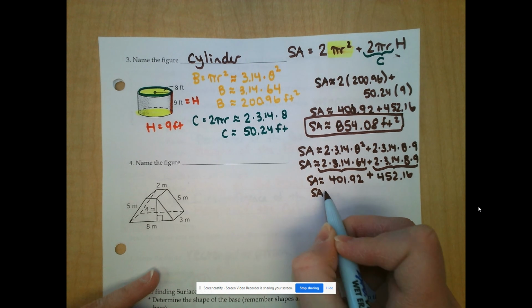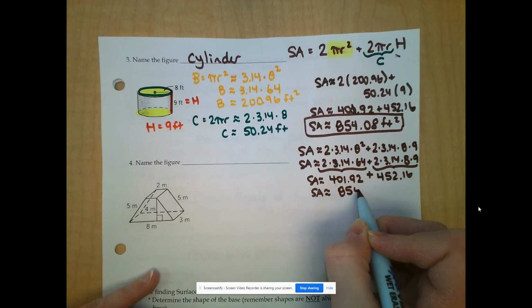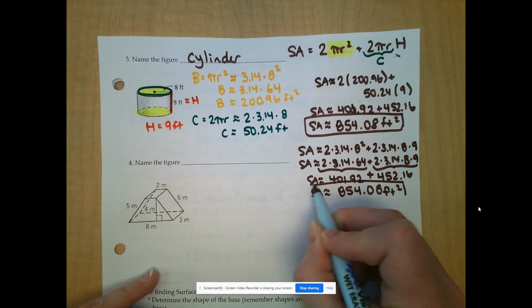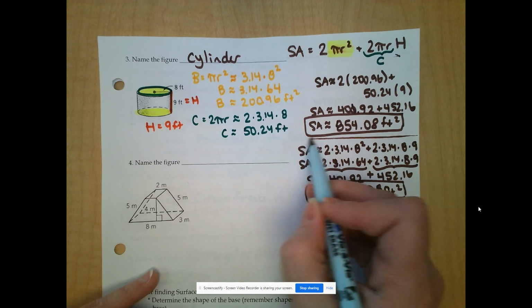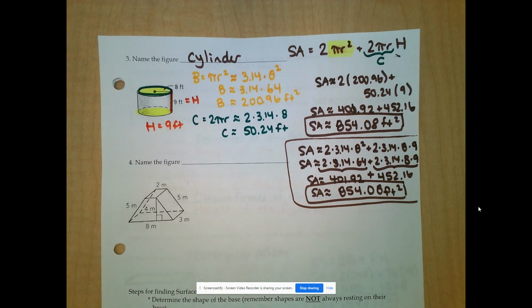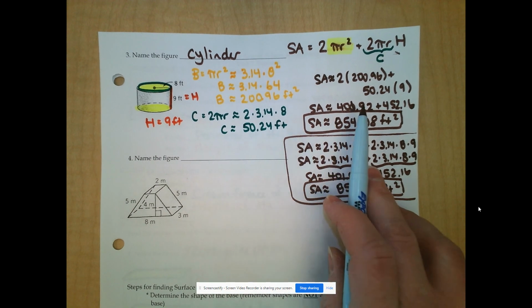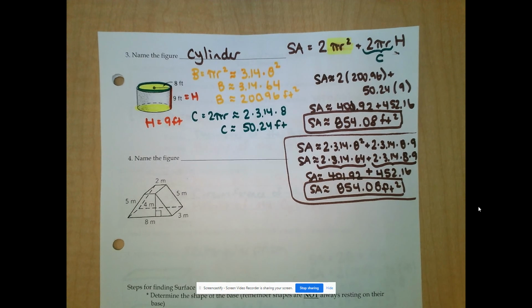And you still get a surface area of 854.08 feet squared. The difference is this took a heck of a lot less writing and work than finding the area of the base, finding the circumference, then plugging it into the surface area formula. Strongly suggest memorizing that surface area formula, 2 pi r squared plus 2 pi r h.